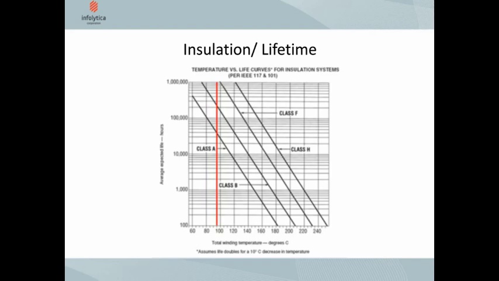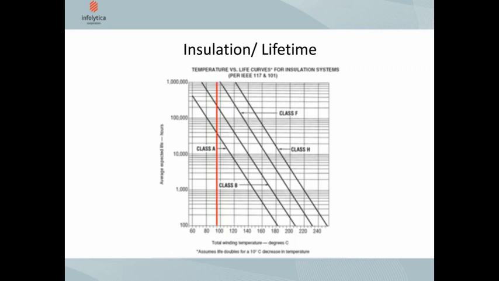I've included here a graph from an IEEE source, and it depicts the winding temperature on the bottom and the expected lifetime of the insulation for 4 different classes of material: A, B, F, and H. I've overlaid on top of this graph a red line which indicates my 95 degrees of operational temperature for our winding.